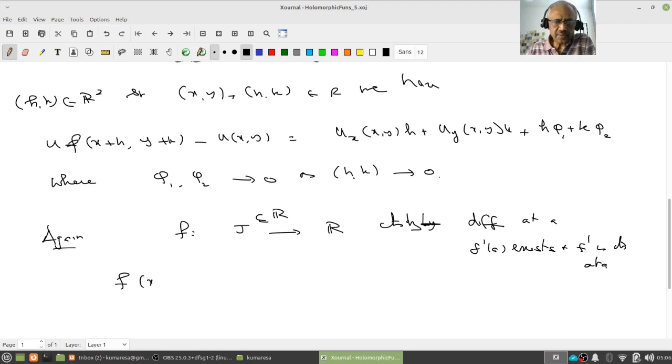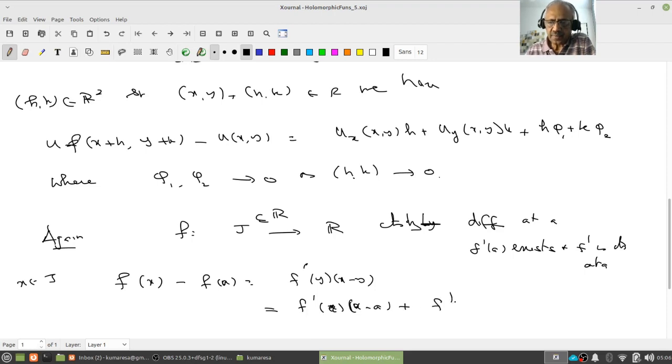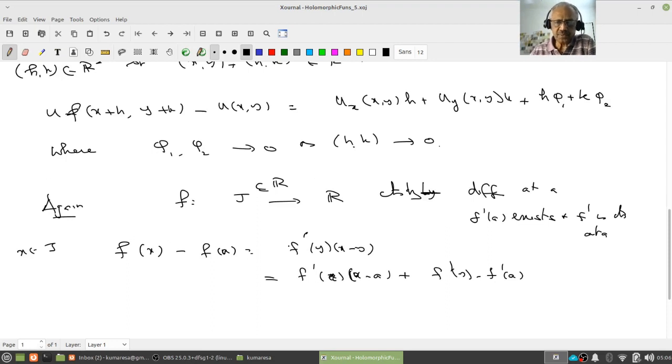Then for all x in J, we have f of x minus f of a equal to some f dash of y times x minus a. But this I can write as f dash of a times x minus a plus f dash of y minus f dash of a times x minus a. Do you follow that? f of x minus f of a equals f dash of y times x minus a by the mean value theorem.